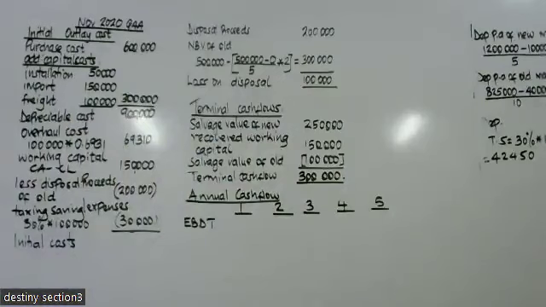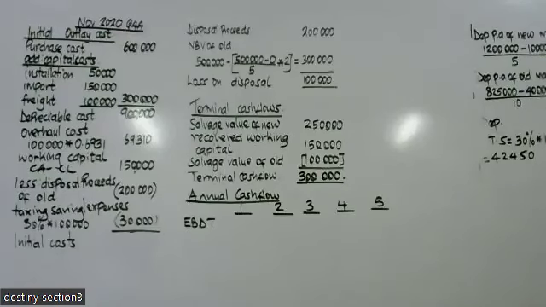What is the increase? For example, in year one, the existing machine, the earnings before depreciation and tax is 120. For the new machine, the earnings before depreciation and tax is 260.